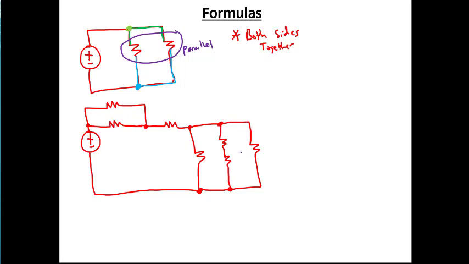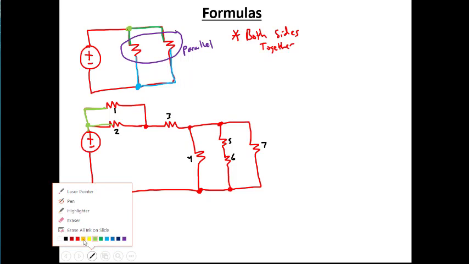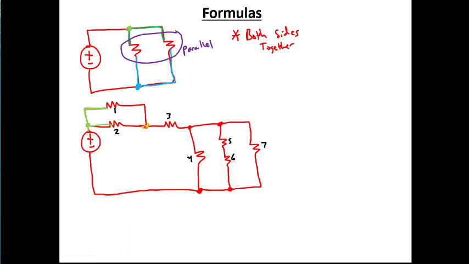Okay, so if we go over to this circuit, we have a lot of different resistors. Let's put some things on here. So this is going to be 1, 2, 3, 4, 5, 6, 7. Okay, so we're trying to figure out what is in parallel. So let's look at 1 and 2. 1 is connected here, and 2 is connected here. So this would be one of our nodes. Now I'm going to go through and draw all the other nodes in different colors. So this is a node here and here, and this is a node here and here.